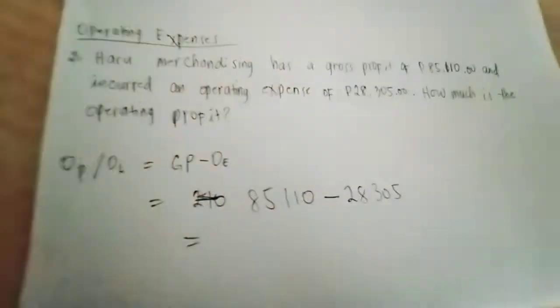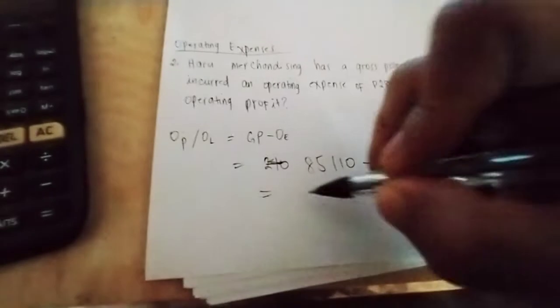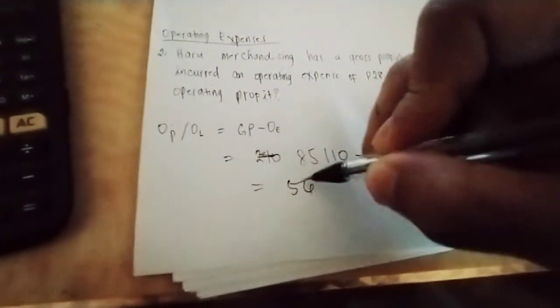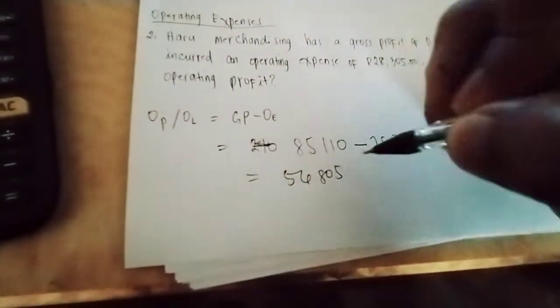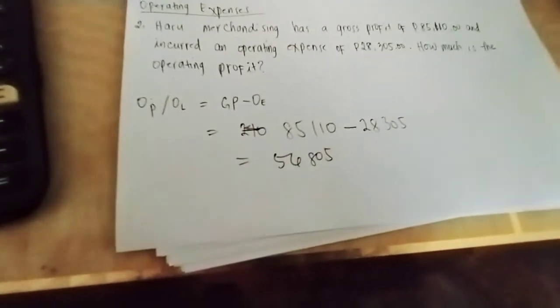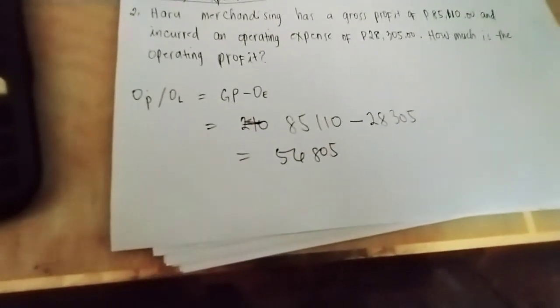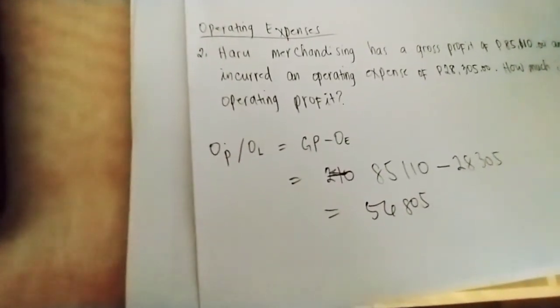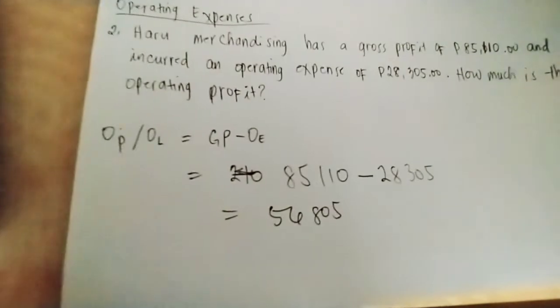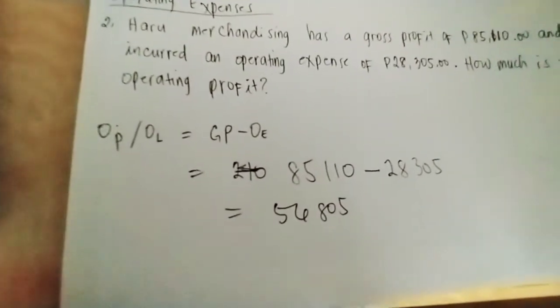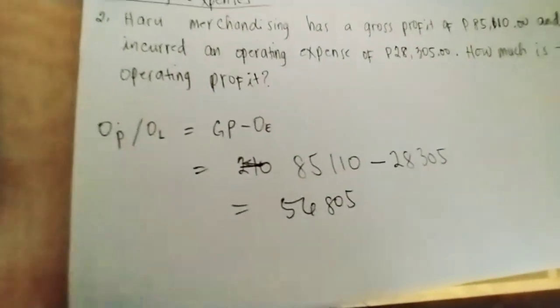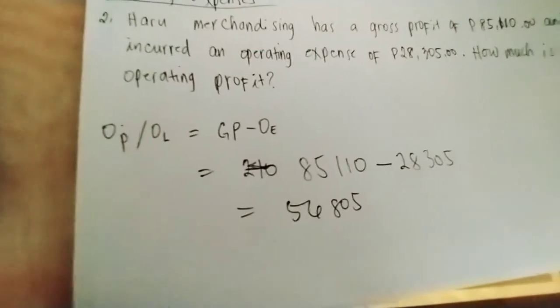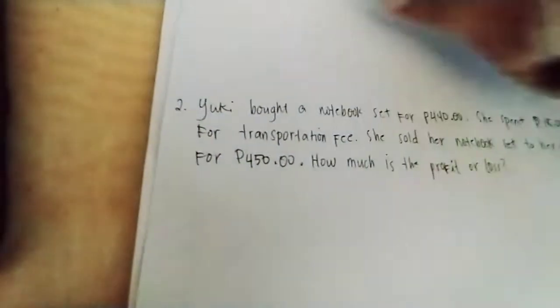So when you subtract it, so that will become 56,805 pesos. Ito ngayon yung ating operating profit. Okay? So, yun, madali lang siya. Kumbaga, yung kinita mo, ibawas mo yung nagastos mo, gastos-gastos, lahat-lahat. Expense mo or mga expenses, yun yung kinita mo.